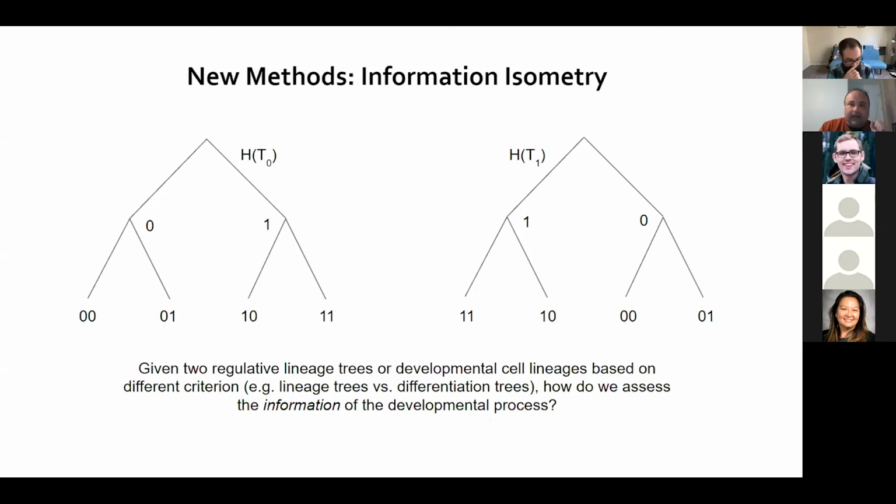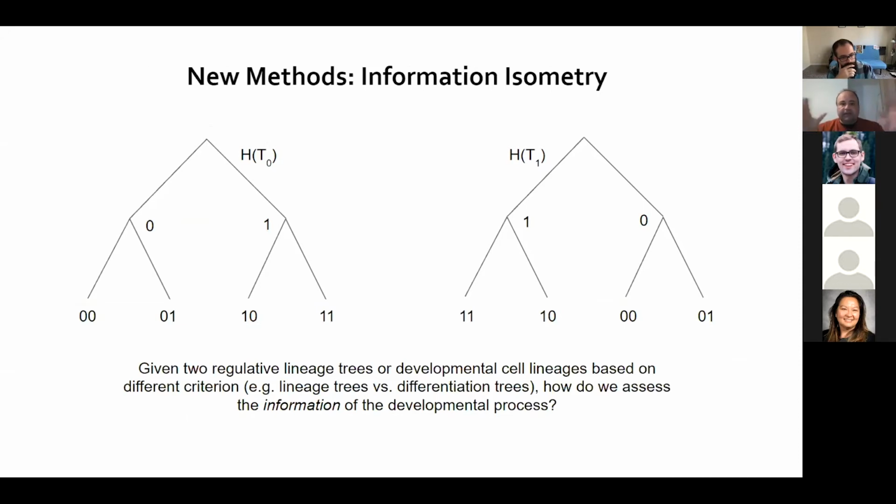Say we have two lineage trees, and we base one on the actual lineage tree that you might observe from microscopy, the standard lineage tree, the cells dividing and their location in the embryo. And we have another lineage tree that's maybe based on molecular information.